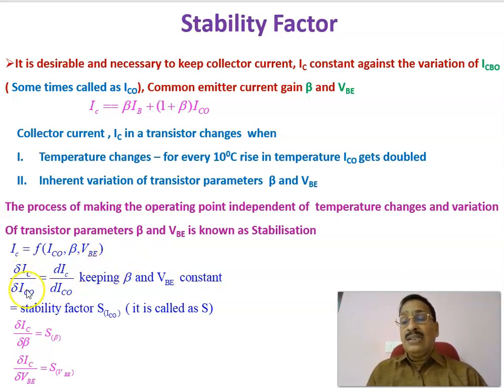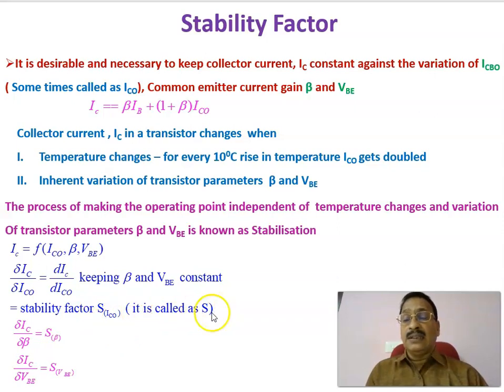Therefore, dou IC by dou ICO, the rate of change of IC with respect to ICO, keeping beta and VBE constant, is what we call the stability factor S ICO, or normally just the stability factor S.